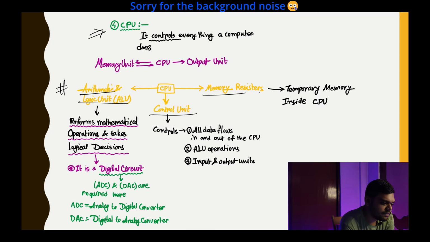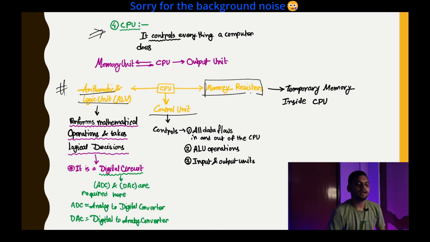At first we look at memory registers. As the name suggests, it is just a temporary memory in the CPU itself. The main memory unit is different. In the CPU we have a temporary memory, tiny registers, and those registers act as temporary memory units.